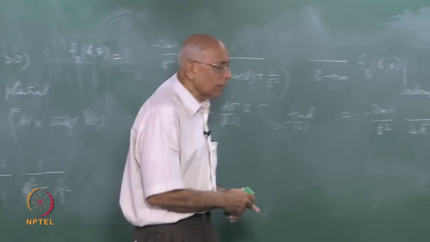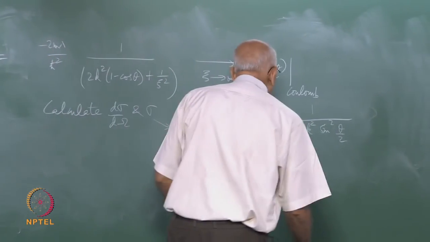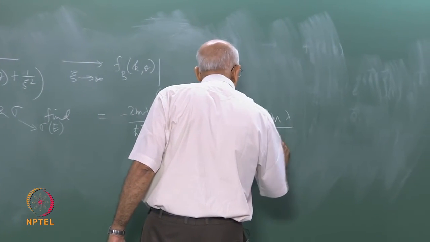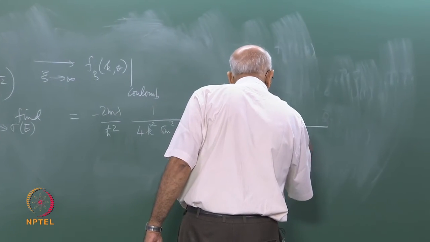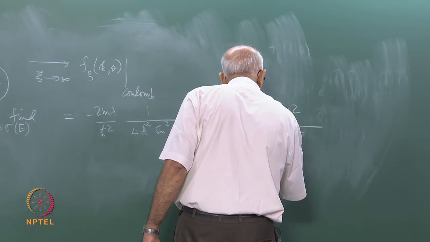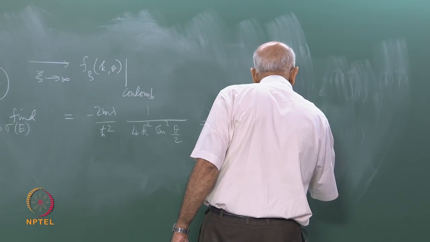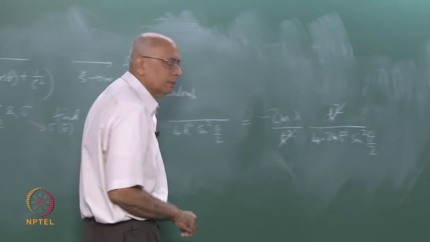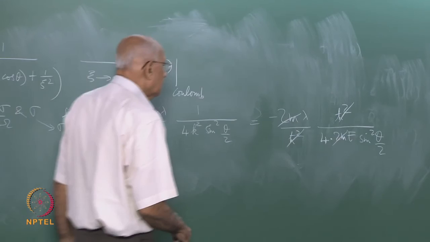Now what is k squared? It is 2mE over h cross squared, so let us put that in here also. This is equal to minus 2m lambda over h cross squared, 1 over 4 times 2mE over h cross squared, and then sine squared theta over 2, and the h cross squared cancels, the 2m cancels.